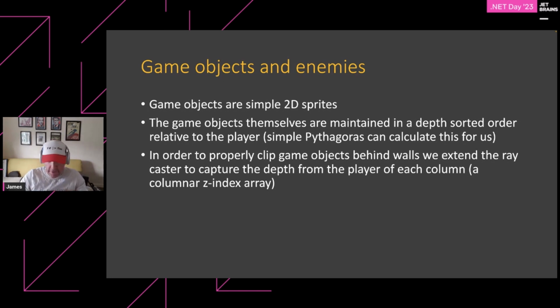The way we do that is we essentially extend the raycaster a little bit to capture the depth from the player on each column on the screen. As we draw our screen, we essentially draw all the walls first. And as we draw the walls, we say this wall is 200 units from the player, this one is 201 units from the player, 202 units from the player, and we use that depth then to clip the enemy. Which we'll see in a moment.